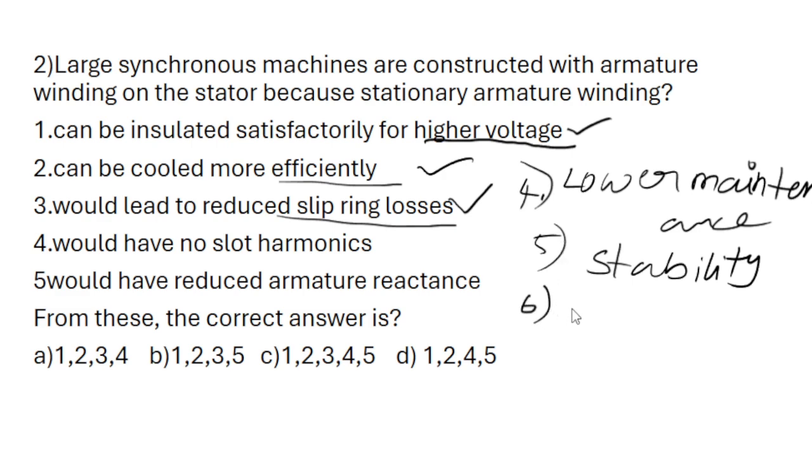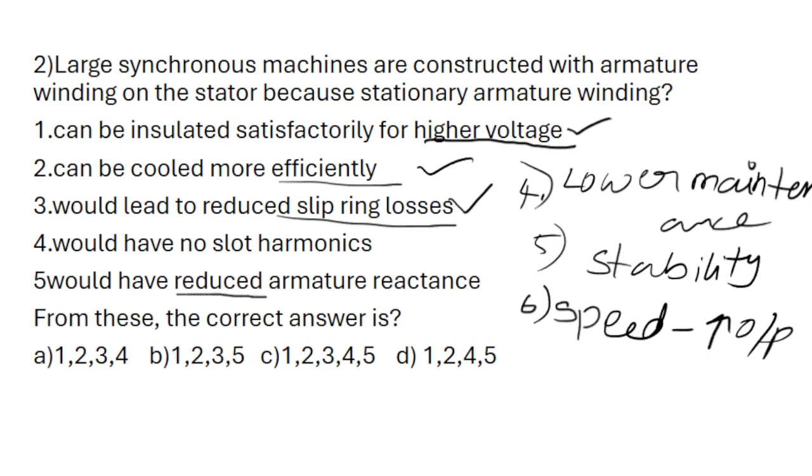Next, stationary allows for a higher rotor speed, which increases the synchronous machine output. And it would have reduced armature reactance.